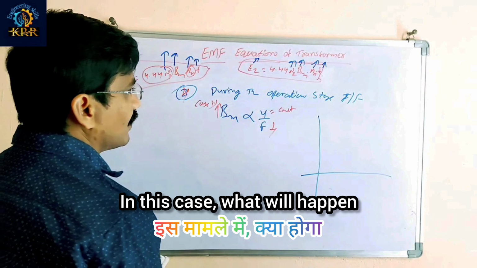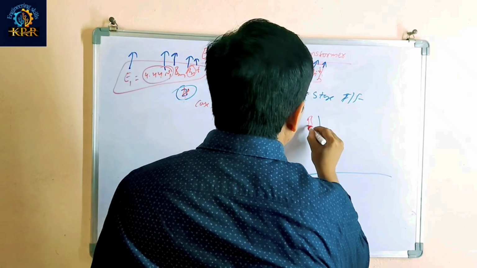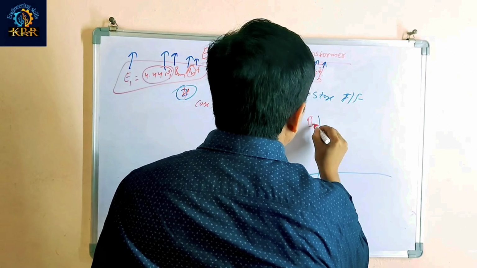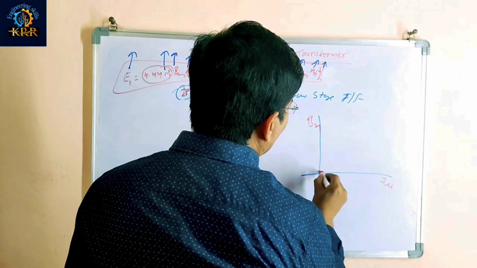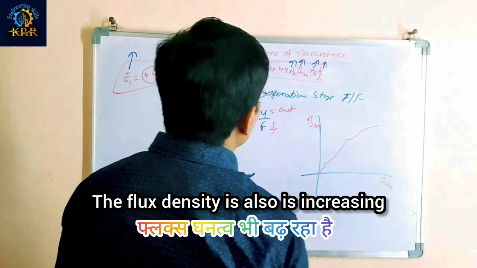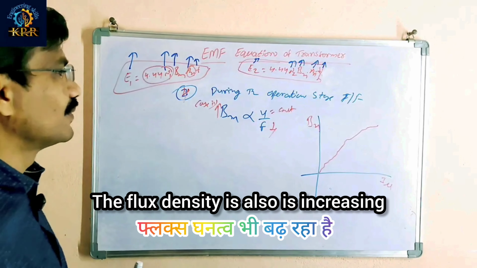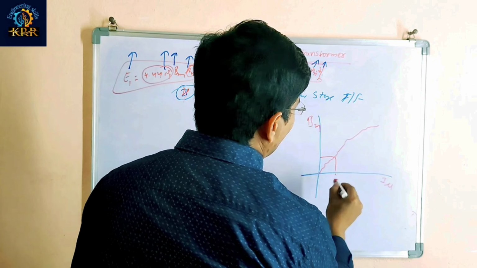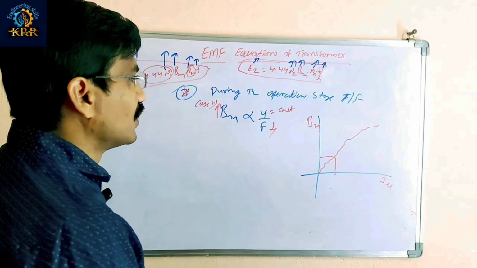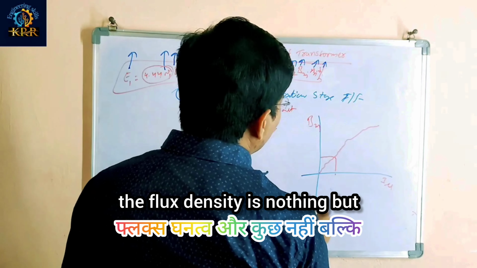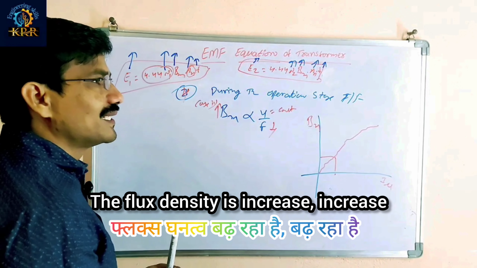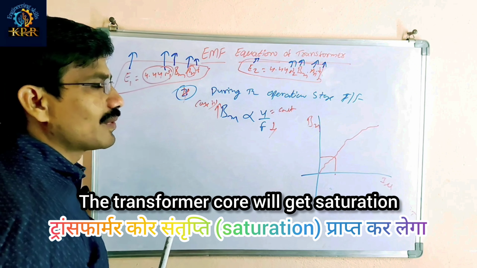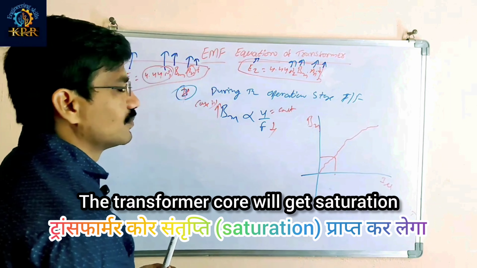This is the flux density, this is the magnetizing current Im. Now we are increasing the magnetizing current, so the flux density is also increasing. The transformer core will get saturation.